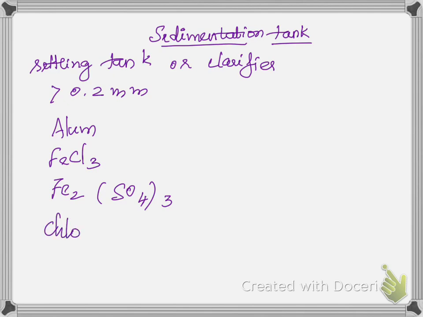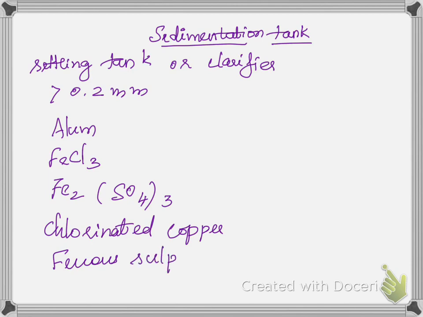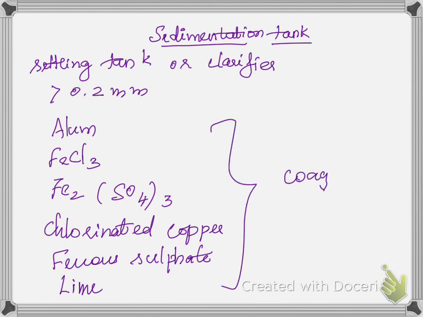Then you can add ferrous sulfate, and finally you can add lime. These are called coagulants.